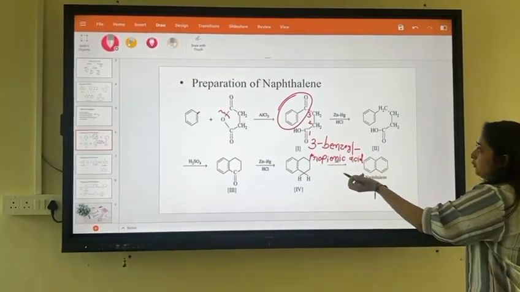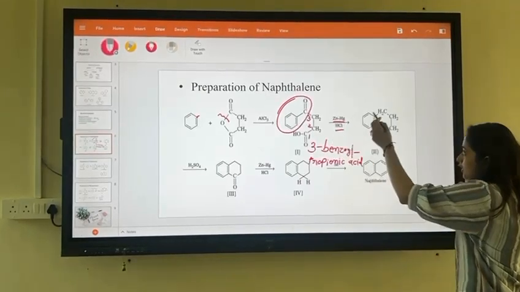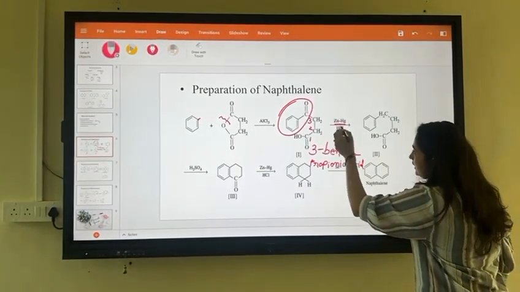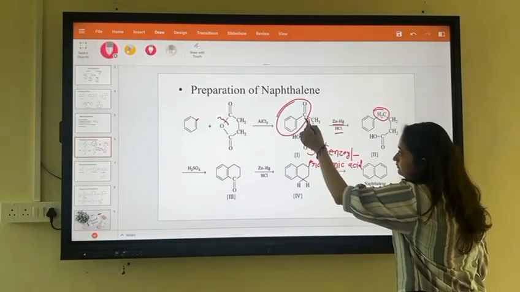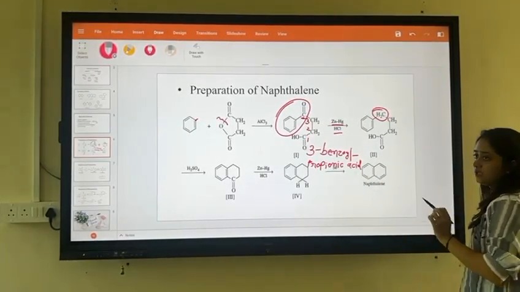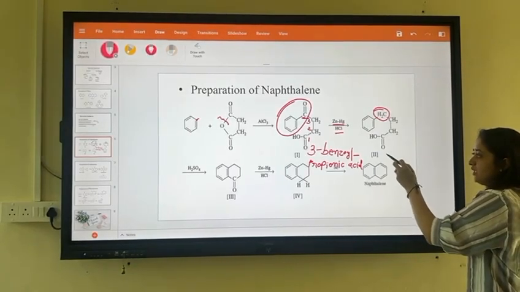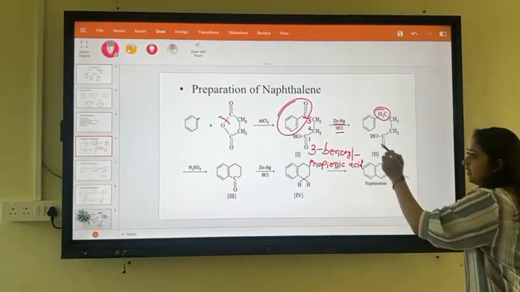It forms the reduced form of the ketone group. Here the ketone group is reduced to a methylene group, and the reduced derivative of 3-benzoyl propionic acid is formed in the second reaction.